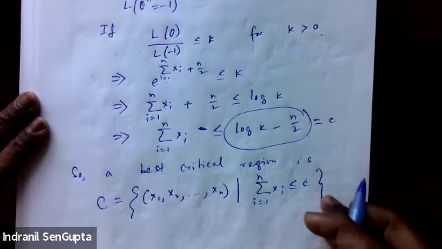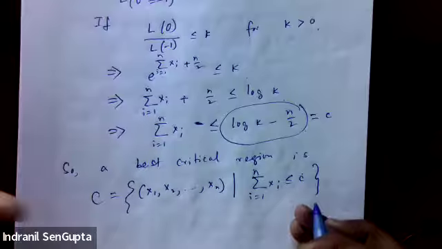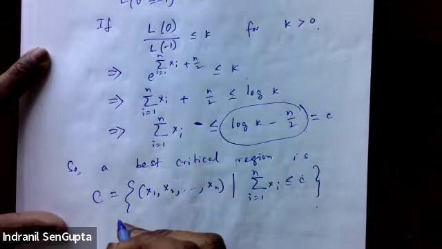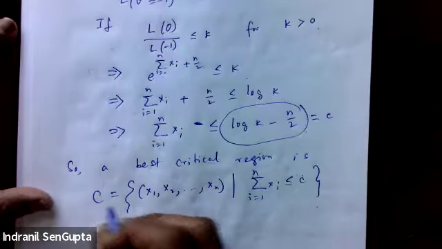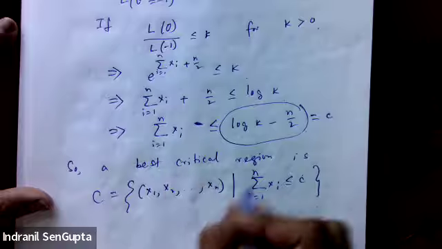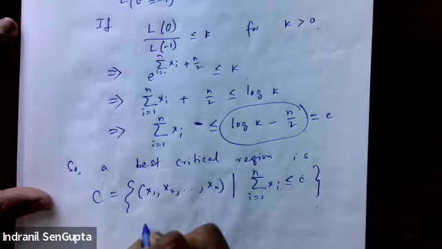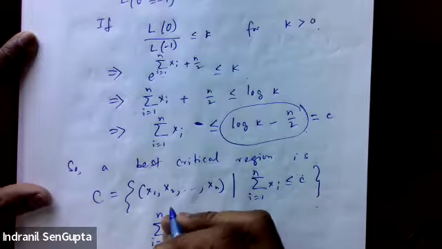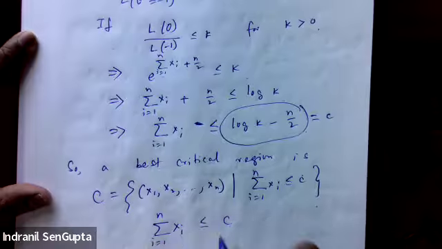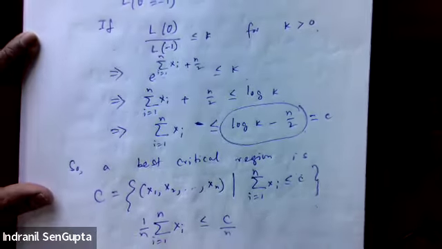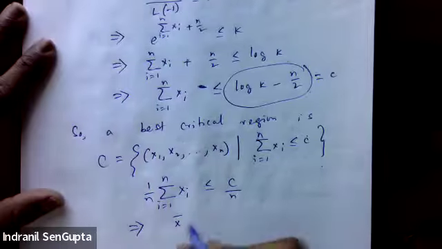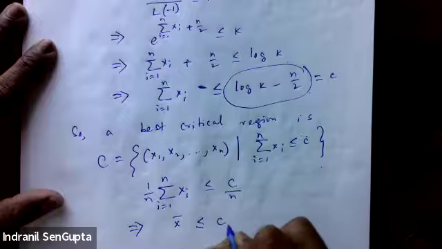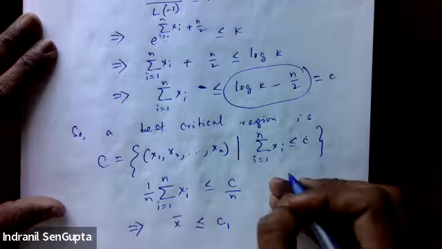Now observe that summation of xi less than C, if I divide by n, means I have little x bar, the sample mean, less than or equal to, say, C1.